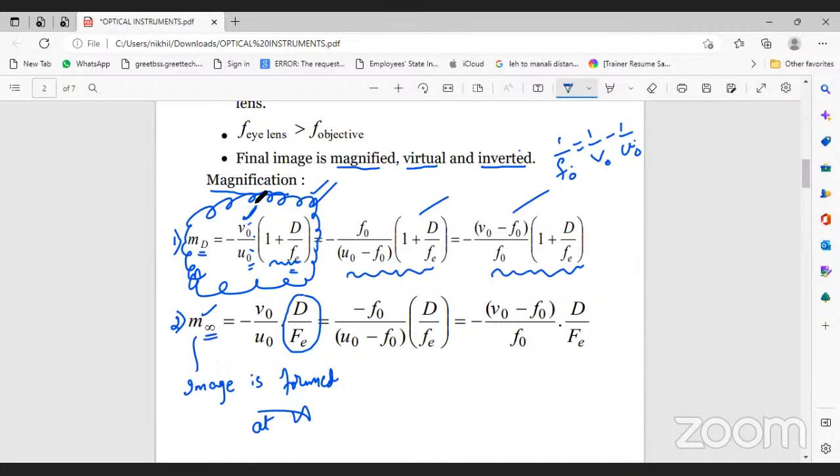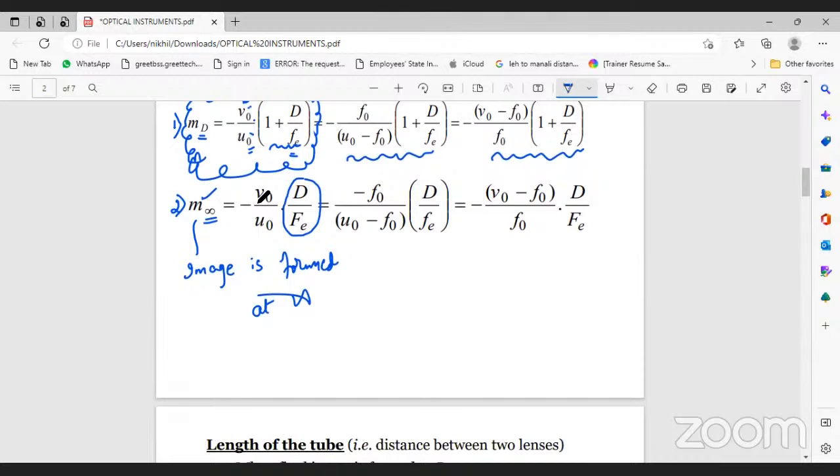Just compare so that it is easy for you to remember. For simple microscope, it is just 1 plus d by f. For compound microscope, it is 1 plus d by fe, and you have to just multiply by minus v naught by u naught.